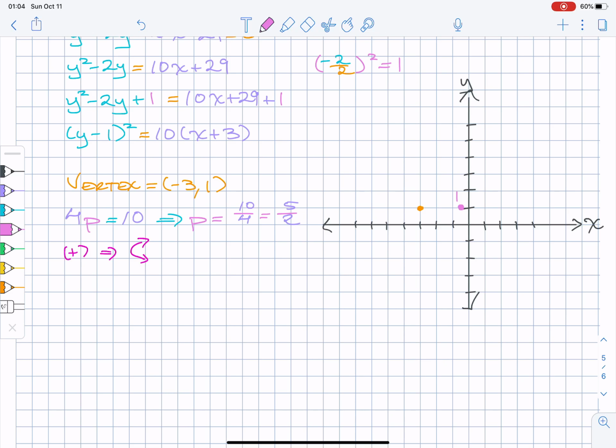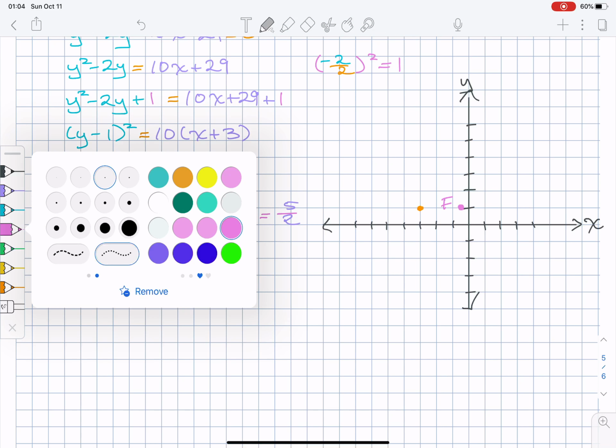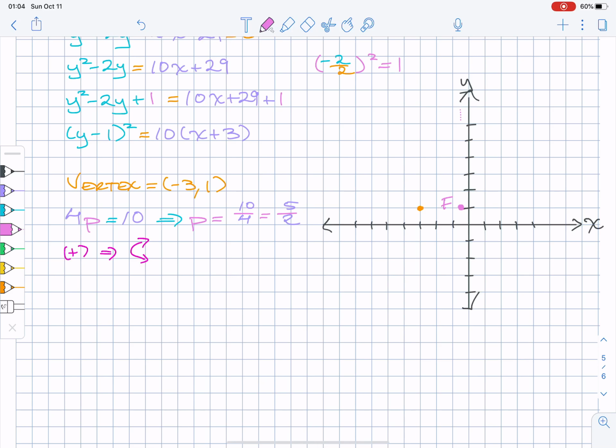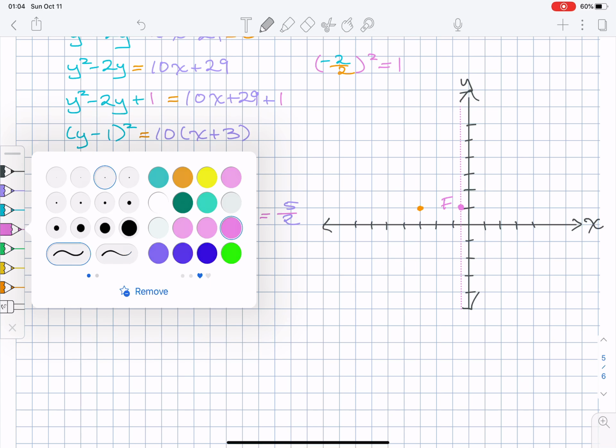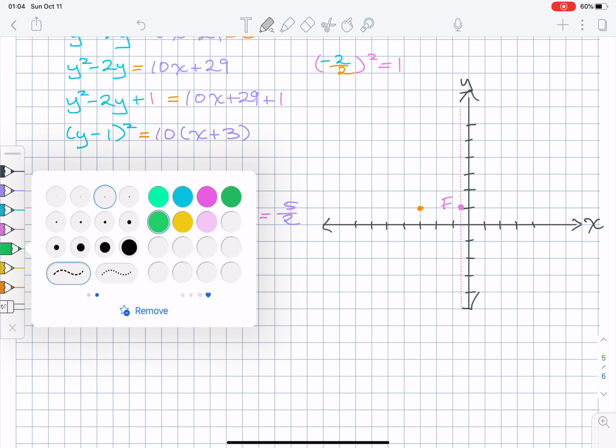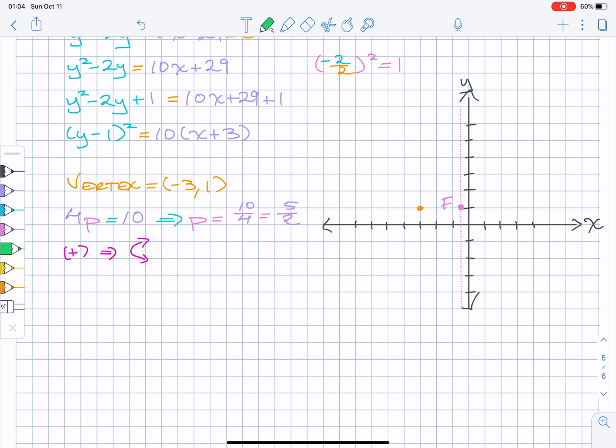Actually, let me put the capital F here. There's going to be a line through the focus parallel to the directrix. That's the latus rectum. Then we're going to have a line that is 5/2 to the left, so 2.5 to the left, and that is our directrix.